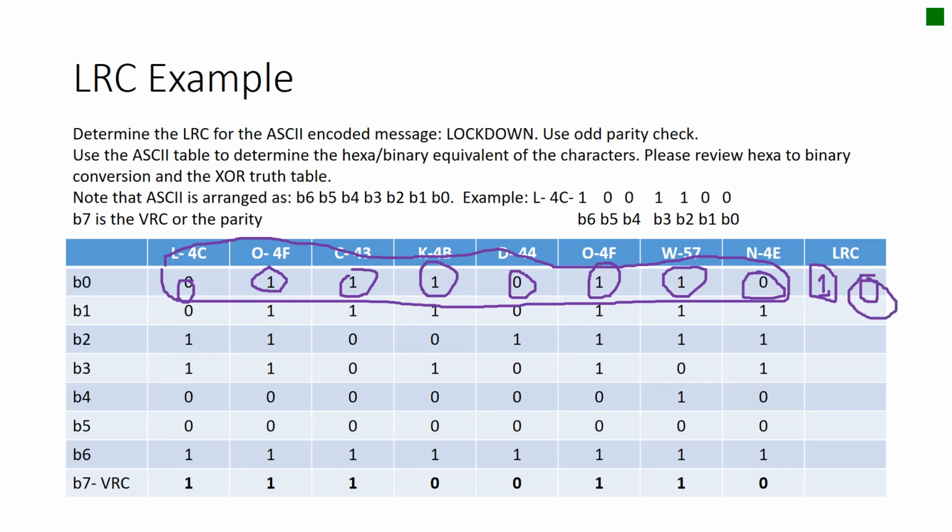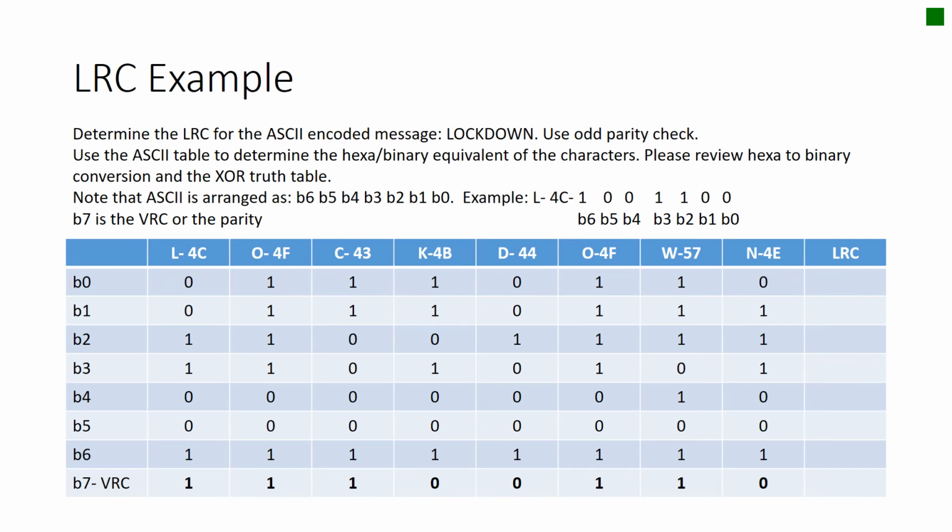So the final answer in determining the LRC using odd parity check will be 0. Again, if even parity check will be used, the result of the XOR will be as is. But if you're going to use odd parity check, you need to get the complement of the result of the XOR to determine the odd parity check.